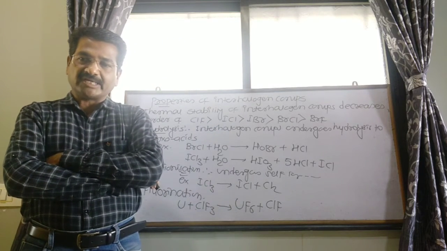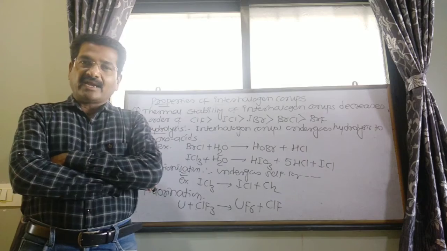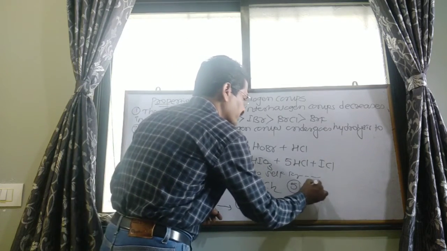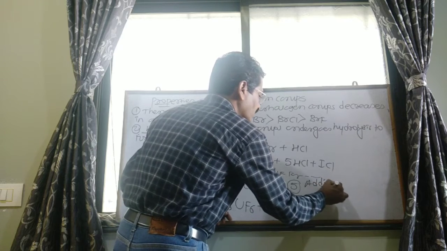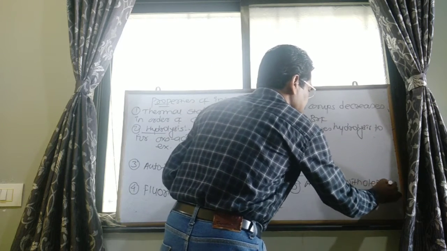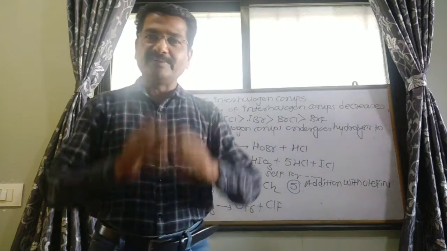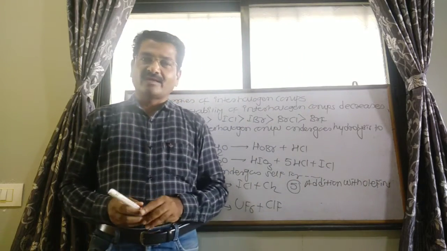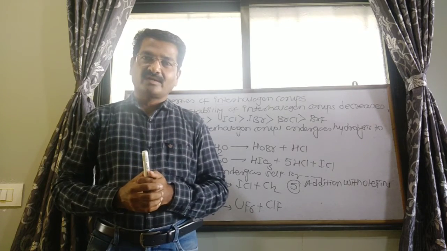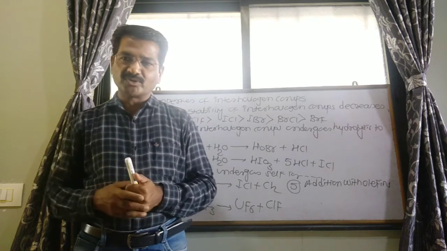Then the last property, addition with olefins, that is alkenes. Whenever the interhalogen compounds are added to olefins, they form single bonded compounds.